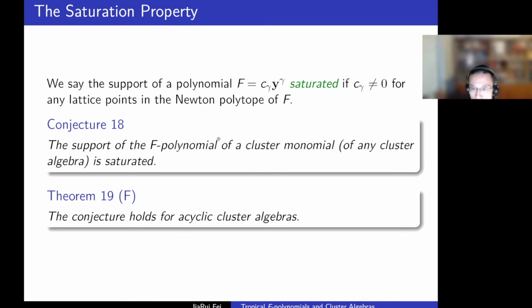By cluster monomial, I mean a product of cluster variables in a fixed cluster. So any cluster monomial is saturated, I mean the F-polynomial of a cluster monomial. And I proved that the conjecture holds for acyclic cluster algebras.